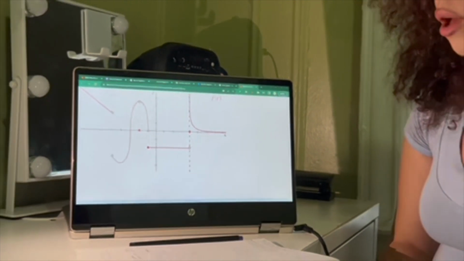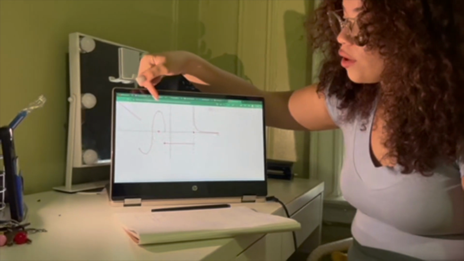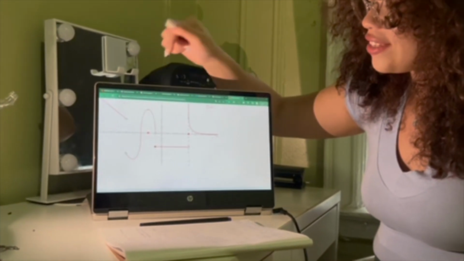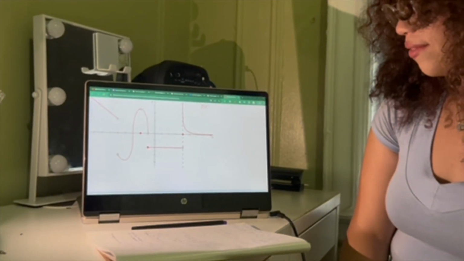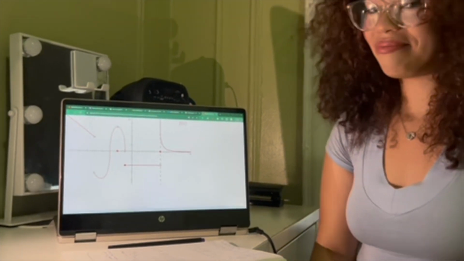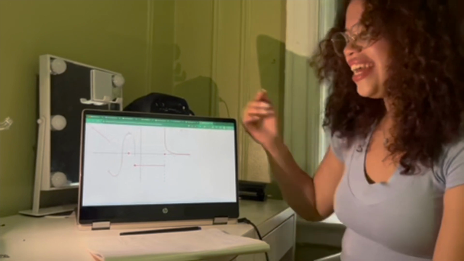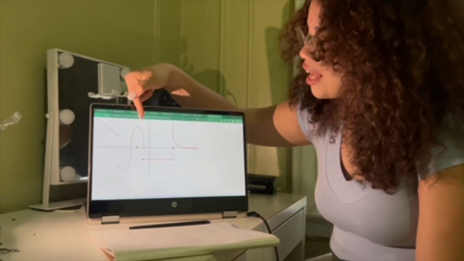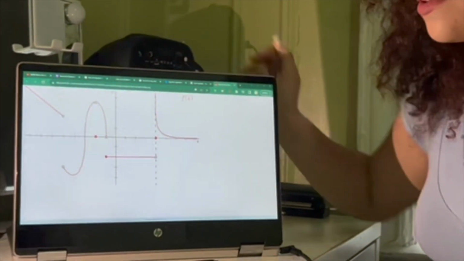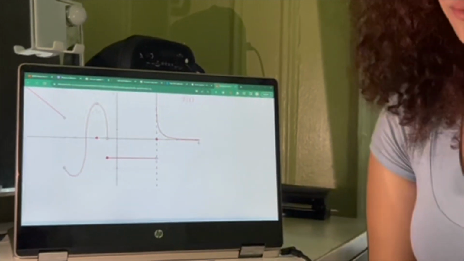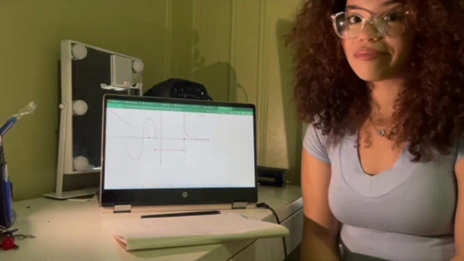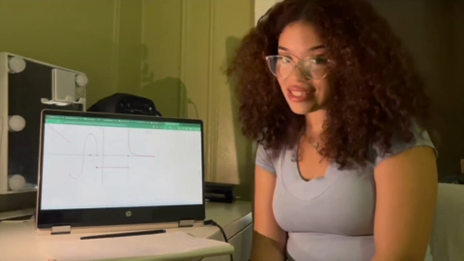However, when we come from the left, and they're approaching the same point, aren't they? No, they're not. I can do math. Anyway, when we come from the left-hand side, we can see that this is at y equals 0, not at y equals 2. So, the limit does not exist.